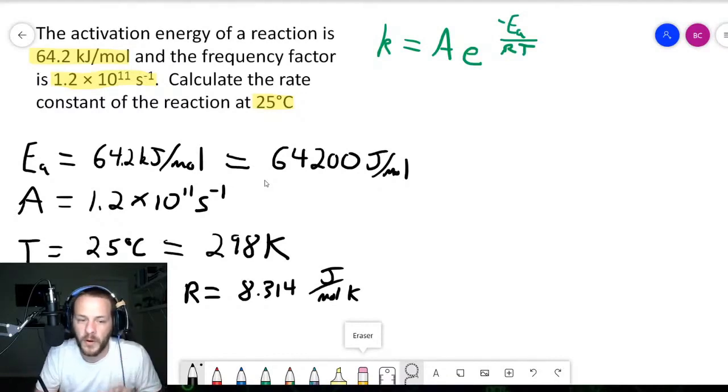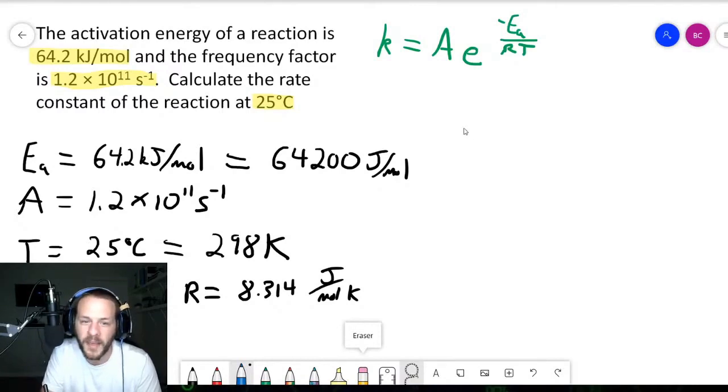At this point, all we have to do is plug in the values into this equation up here, and hopefully I can do it without running off the page. So I'll try to write small, although it's kind of hard to do on this little tablet here.